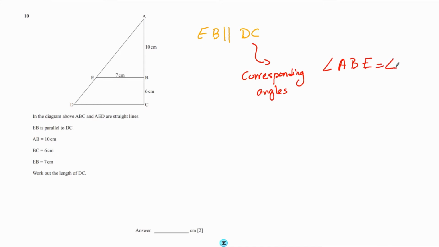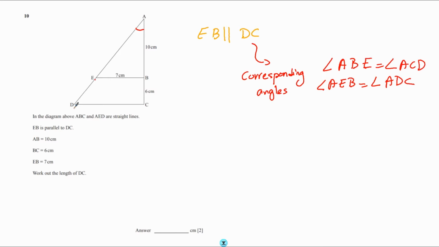And in the same way, we can say that angle AEB equals angle ADC. We also know that angle A is common between triangle AEB and triangle ADC.